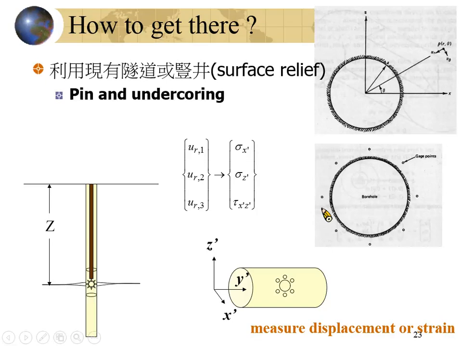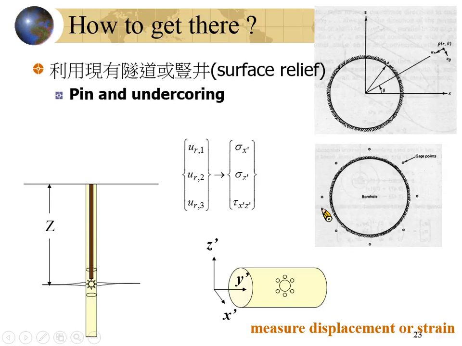We will try to put the pins surrounding the borehole. The pins like this. And drill the borehole and take the rocks out. Then what happened? Those marks will move toward the borehole. Okay? So these two kinds of technology.